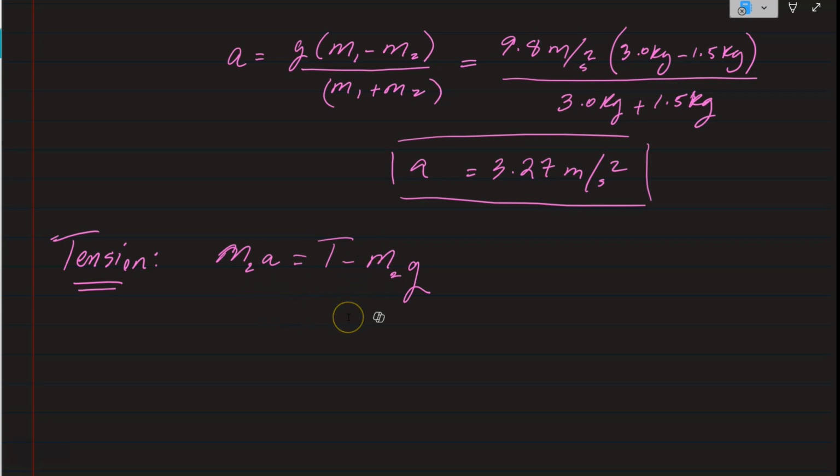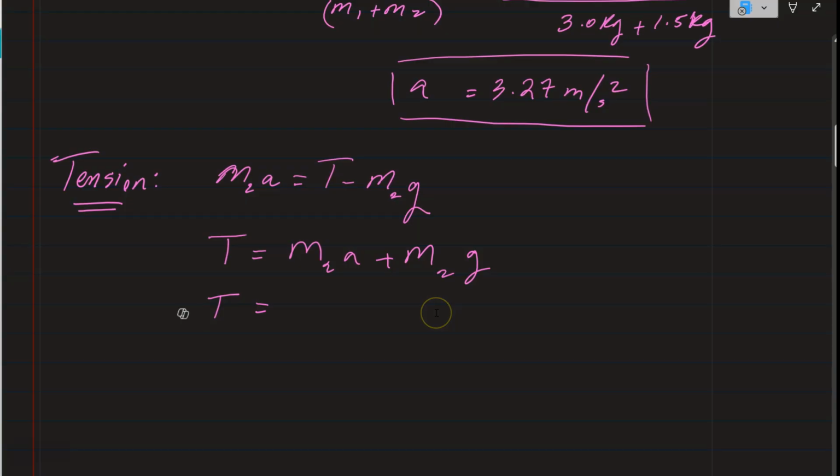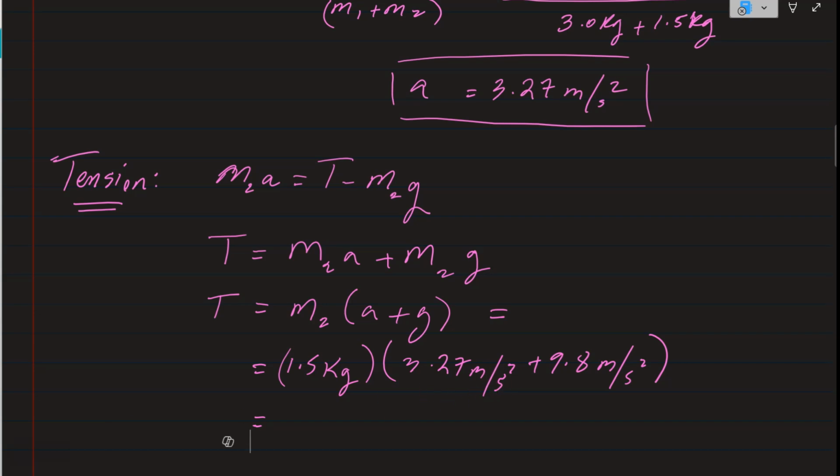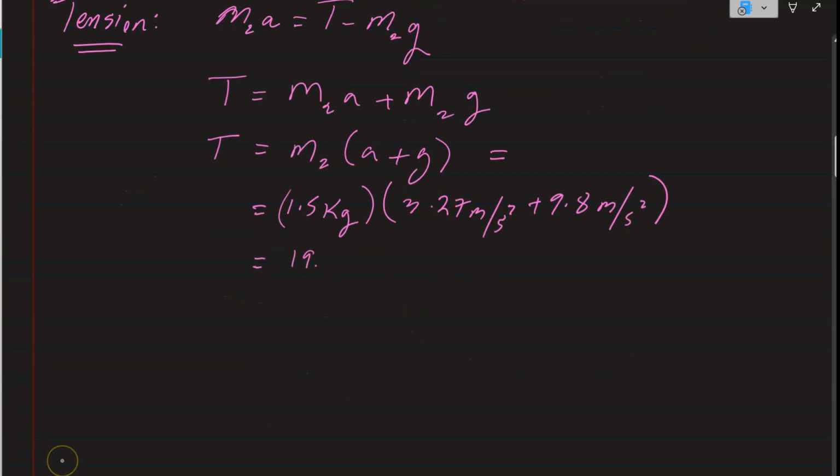Solve this equation for T. You get T equals M2a plus M2g, and then you substitute values in there. You can factor M2 out, we get a plus g, and then plug in the values for M2, a, and g, and then that would be it. Excellent. Now do the math, and you get 19.6 Newtons. That is the tension.